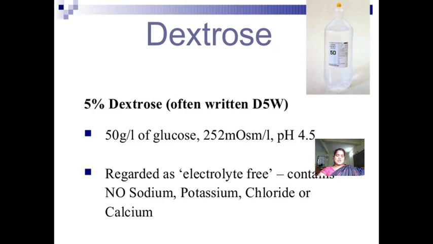Dextrose: coming to 5% dextrose, that is nothing but 50 grams per liter of glucose.